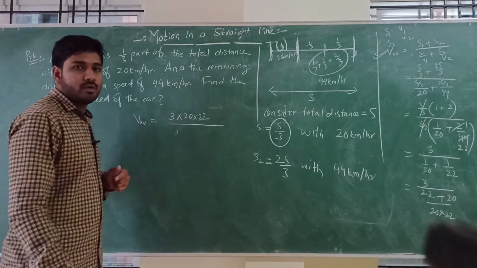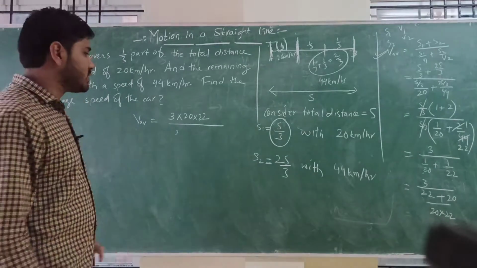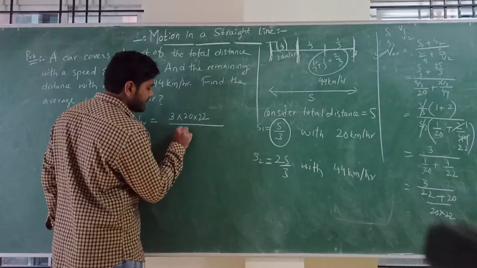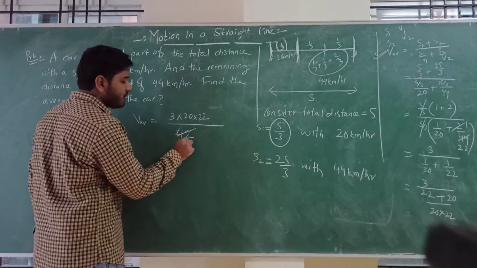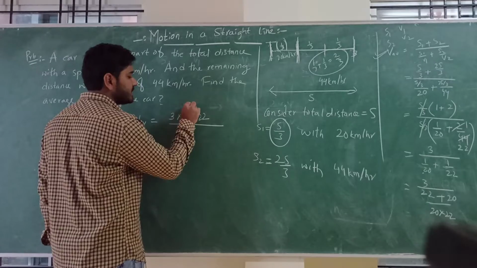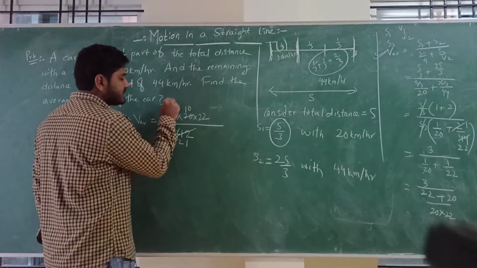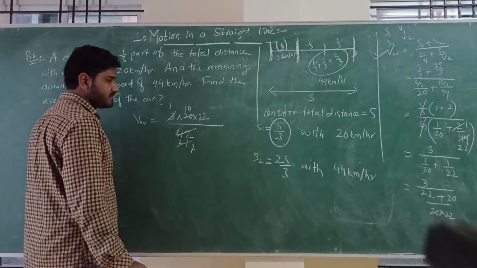The denominator comes to the numerator. 22 plus 20 is 42. Cancelling common factors, 3 ones are 3, 3 sevens are 21, correct?